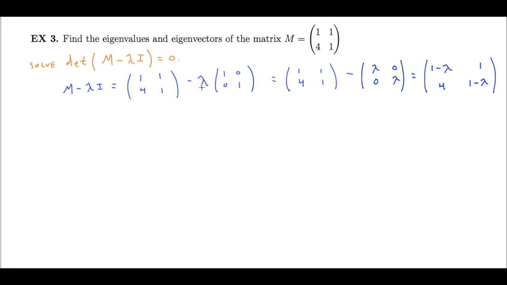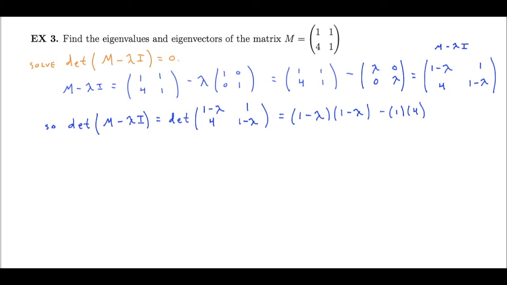That scalar can be pushed into that identity matrix. And then when I subtract two matrices that are the same size, I just subtract them component-wise. So I have 1 minus lambda, 1 minus 0, etc. So this is the matrix M minus lambda I, and this particular matrix is the matrix whose determinant I want to force to be 0. So let's go ahead and do that.